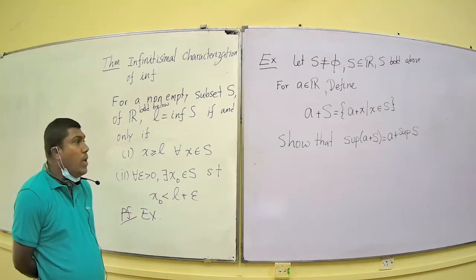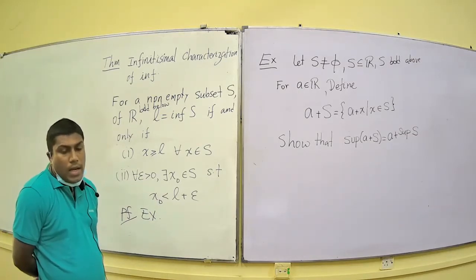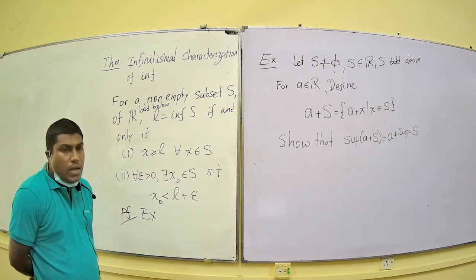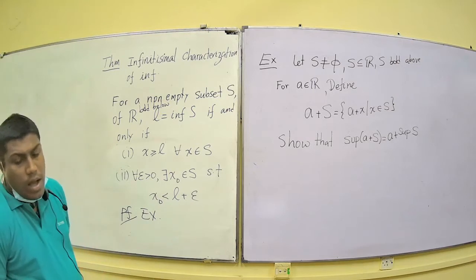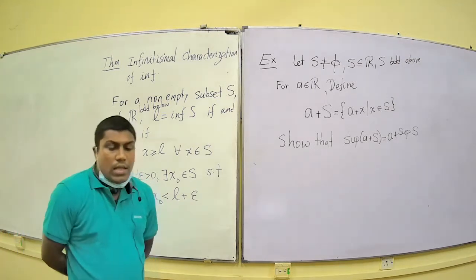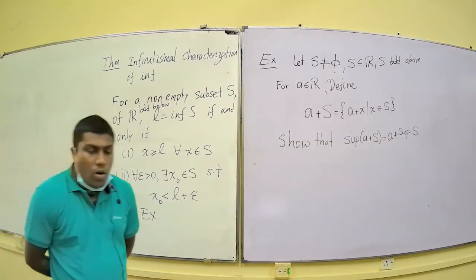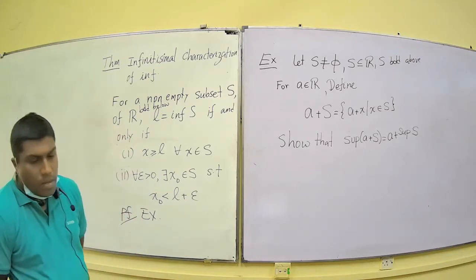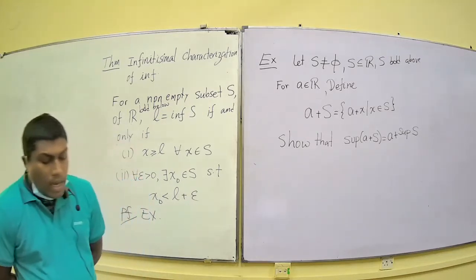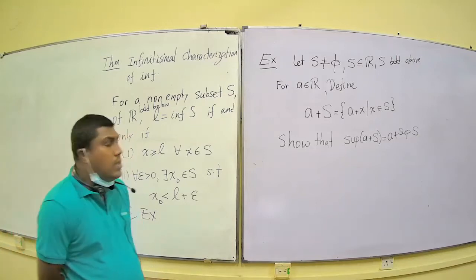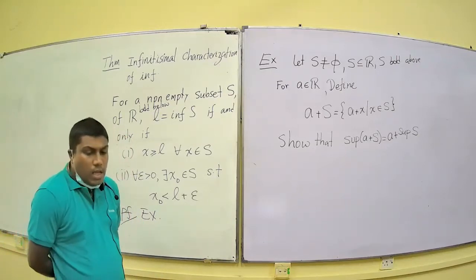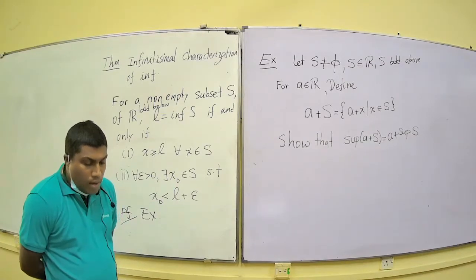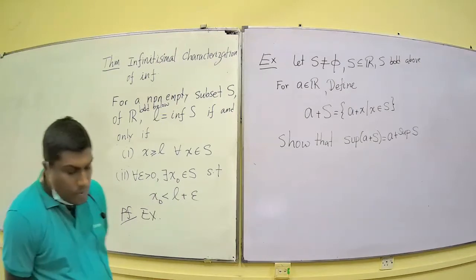Now for any real number A, some arbitrary real number A, let us define a new set A plus S. The elements in this set are of the form A plus x, such that x is a member of S. We have to show that the supremum of A plus S is equal to A plus the supremum of S.